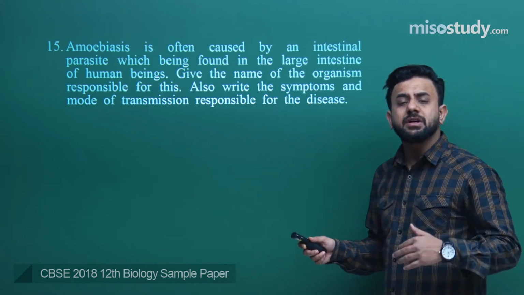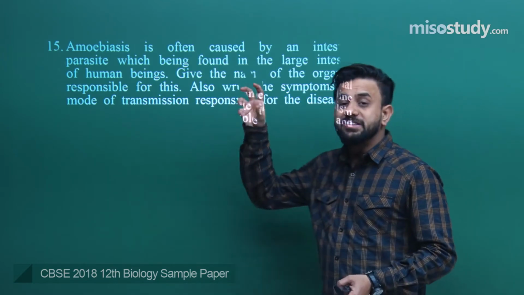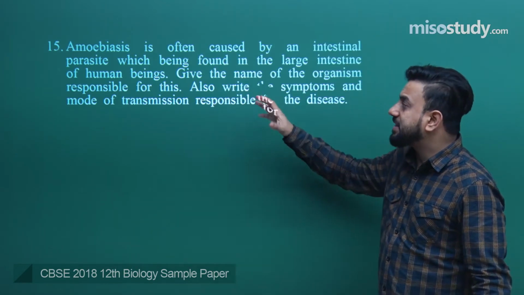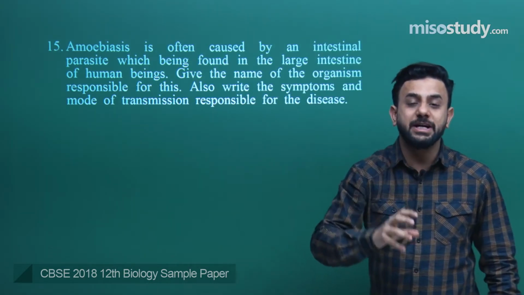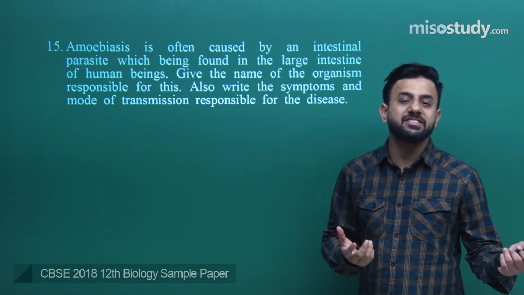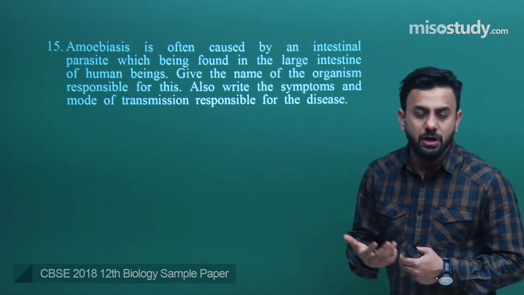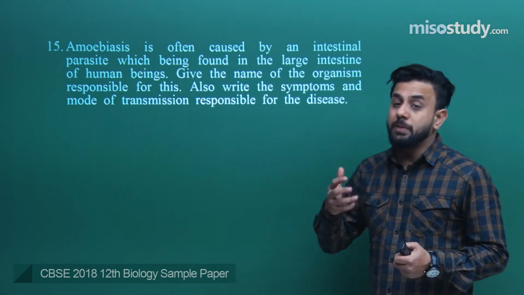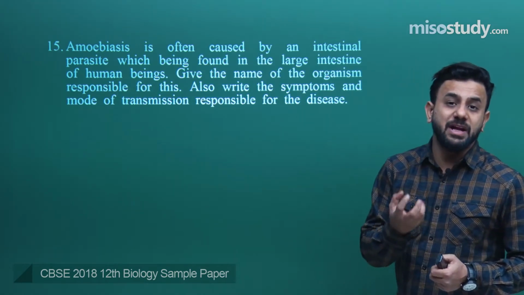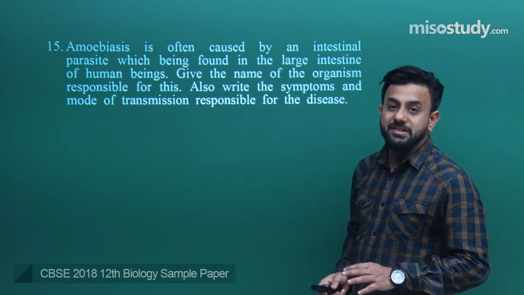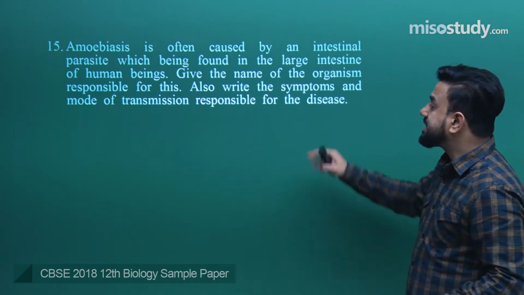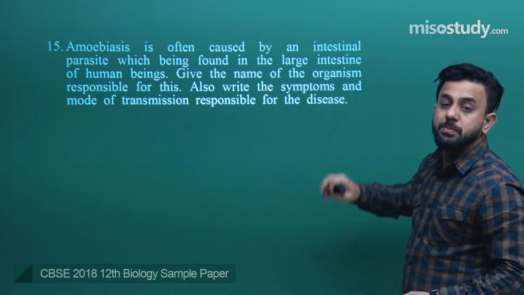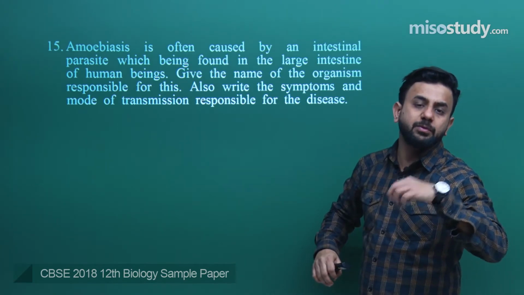Had they given amoebic dysentery instead of amoebiasis, it would have been very easy. Dysentery is something in which we pass out stools, and the stools may have mucus as well as blood, but they have given amoebiasis. If you know the other name also, the next part of the question becomes very simple. You can take it from the word itself.